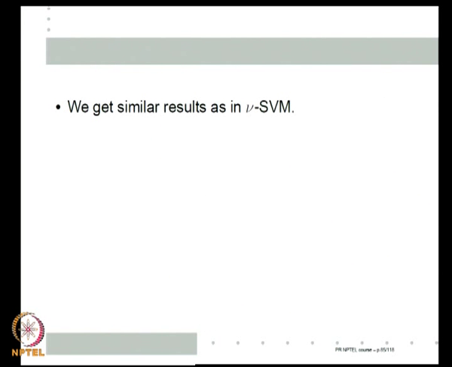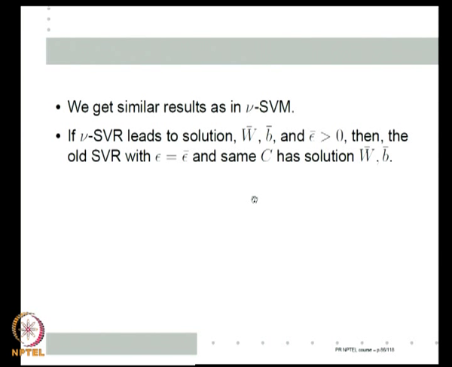This turns out to have similar kind of properties as the nu SVM case. That is to say, suppose nu SVR leads to solution W bar, b bar, epsilon bar with epsilon bar strictly greater than 0. Just like in the nu SVM, if I choose a wrong nu, I will not get a useful solution, in the sense I get a solution with rho equal to 0. Similarly here.